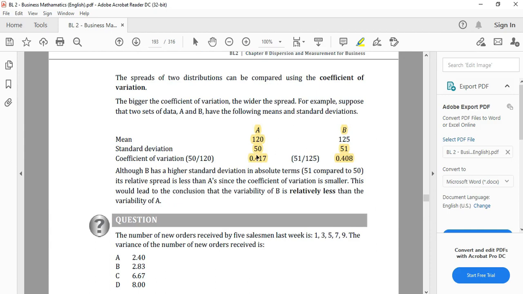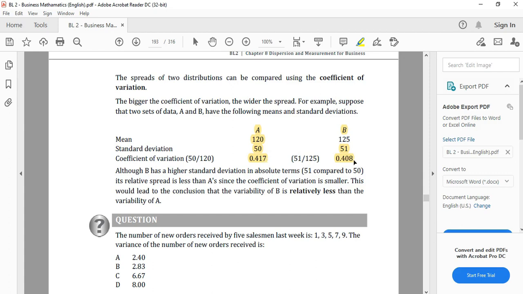If you have a high coefficient of variation, it means the majority of your numbers are a bit far from the average. But if you have a lesser coefficient of variation, that means your data is very close to the average or the mean.